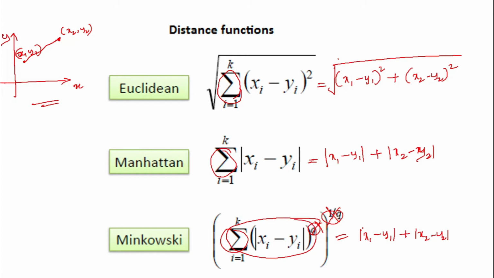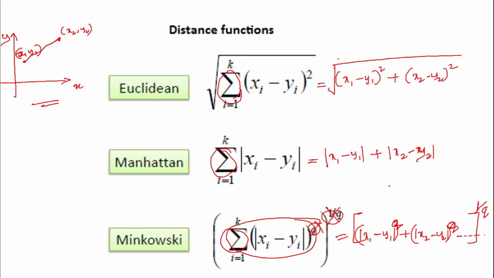Here we don't take the square, it is not square, sorry, it is q; we don't know the value of q. After calculating x1 minus y1 to the power q plus x2 minus y2 to the power q, and solving this, then we need to take 1 by q.